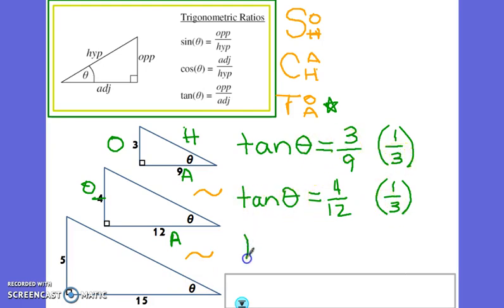It doesn't matter what type of triangle I draw with it, as long as it's a right triangle. And one more time, if this is my theta, here's my opposite way over here, here's my adjacent. So it's easy to set up a TOA, opposite over adjacent. Noticing that that's still 1/3.